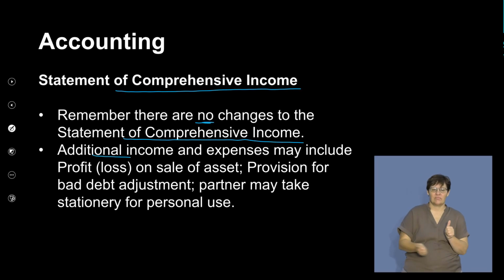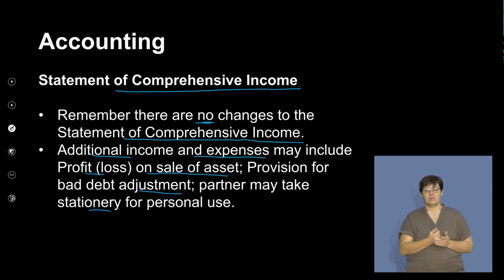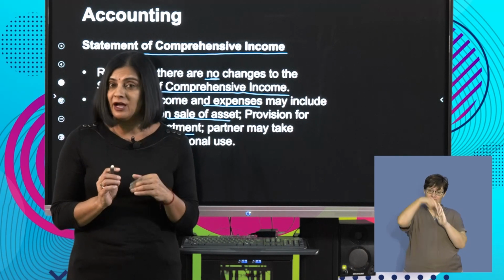Additional income and expenses may include profit or loss on sale of asset, provision for bad debts adjustment, and you could come across a partner taking stationery or any other consumables for personal use. So I've given you examples of additional year-end adjustments that affect the statement of comprehensive income.